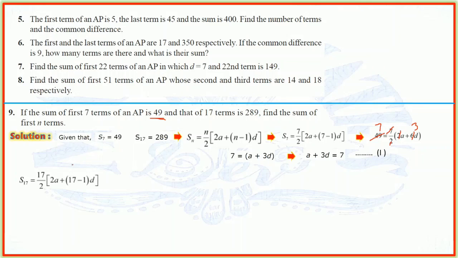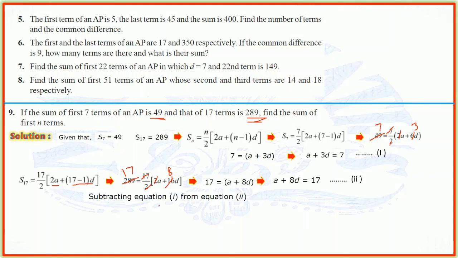Now similarly for S17, that is 17 by 2 into 2a plus 17 minus 1 into d, which is equal to 289. So 289 is equal to 17 by 2 into 2a plus 16d. 17 seventeens are 289 and 2 taken common, so 17 is equal to a plus 8d. That is a plus 8d is equal to 17, equation number 2.